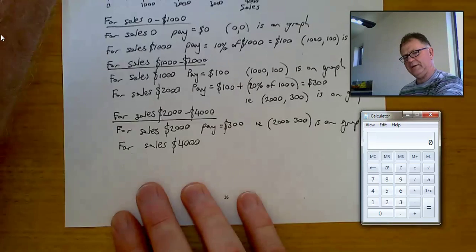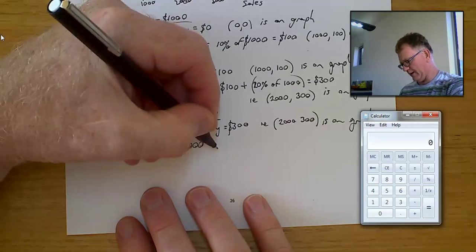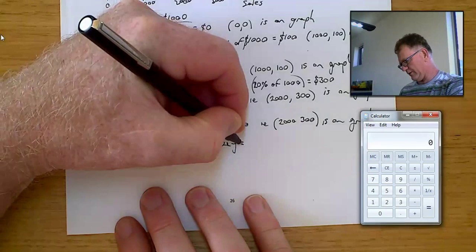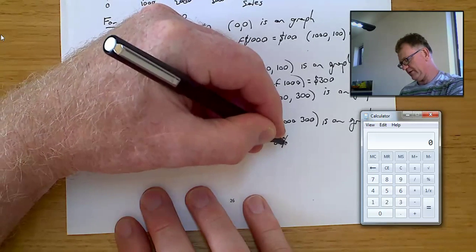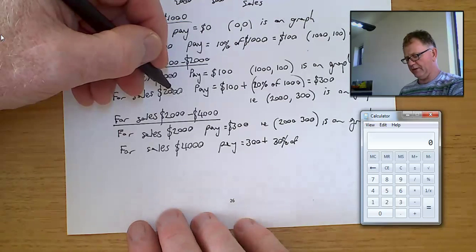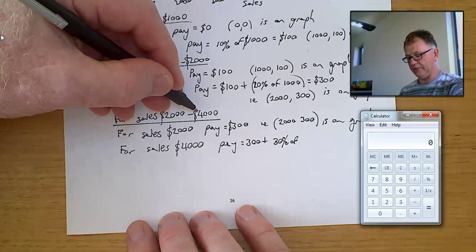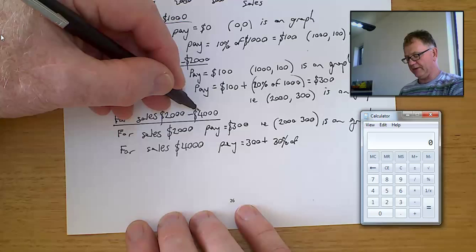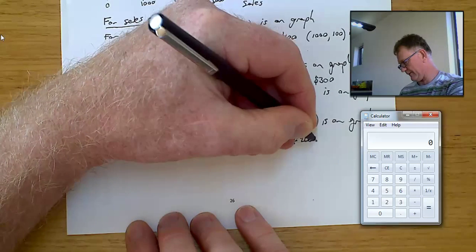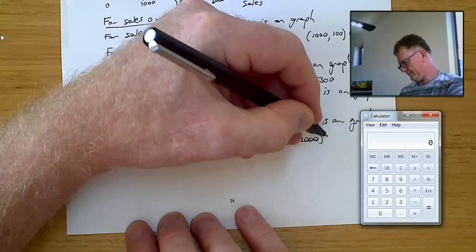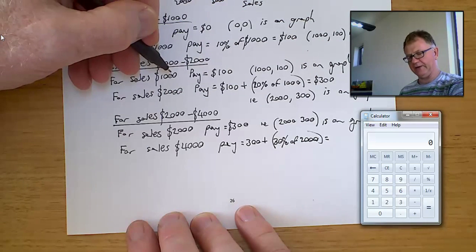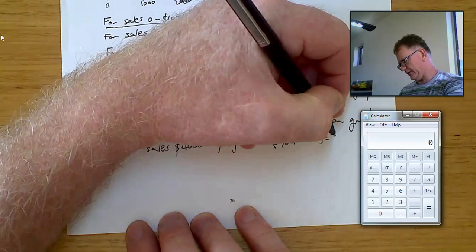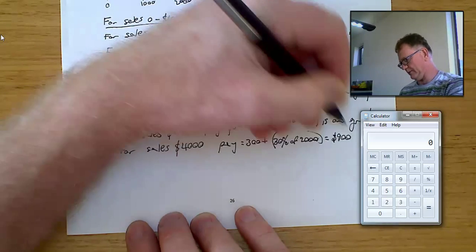So back down here, his pay will equal 300 plus 30% of anything more than $2,000. Well, if he's selling $4,000, then that's $2,000 extra dollars. He'll get paid 30% of that $2,000.